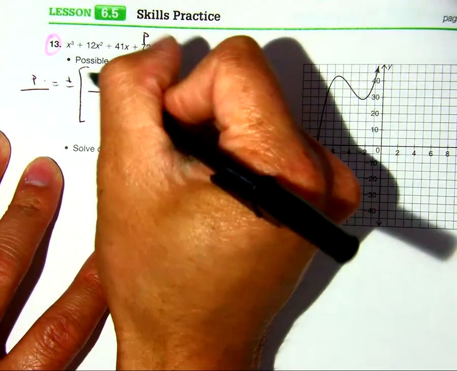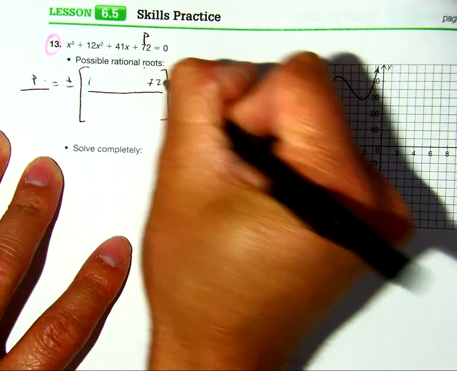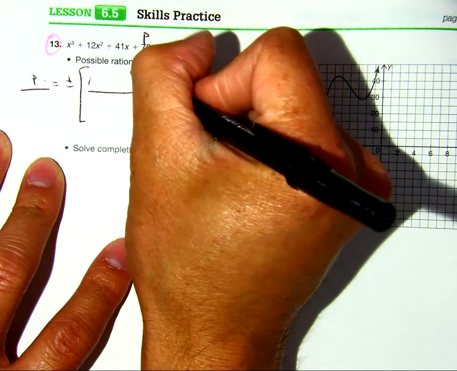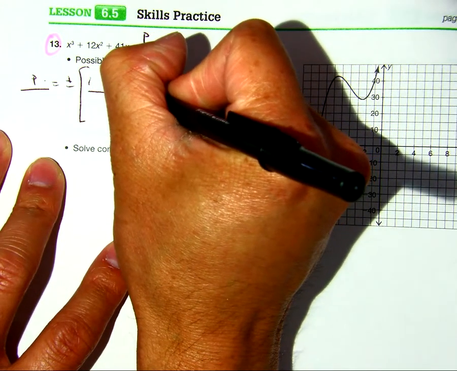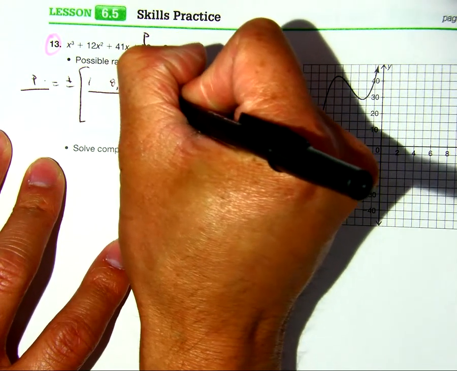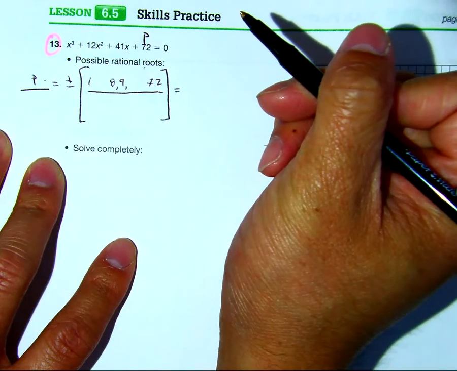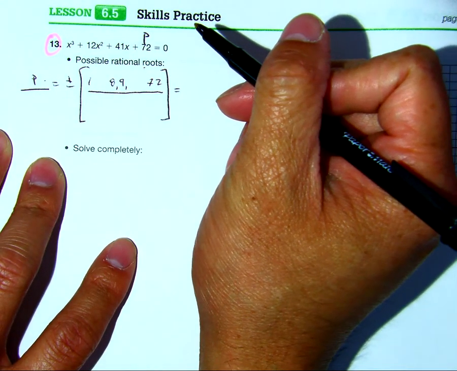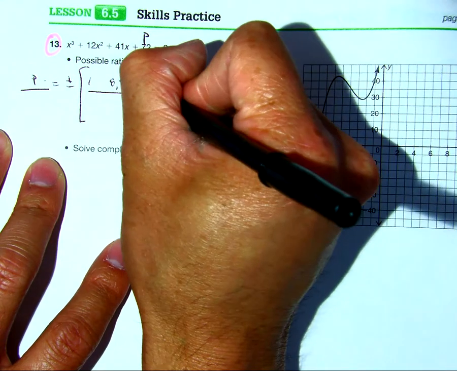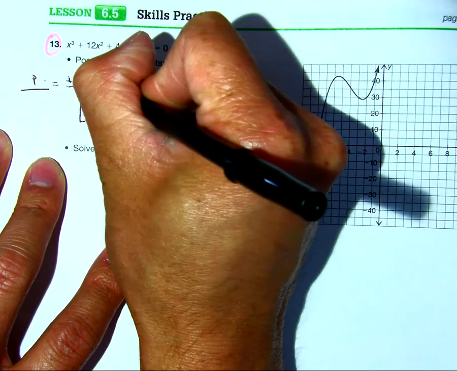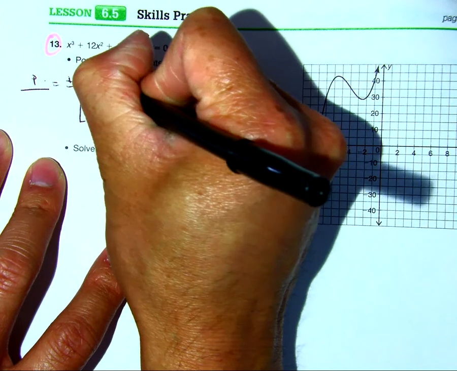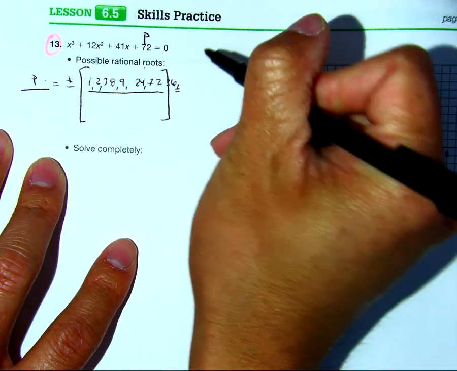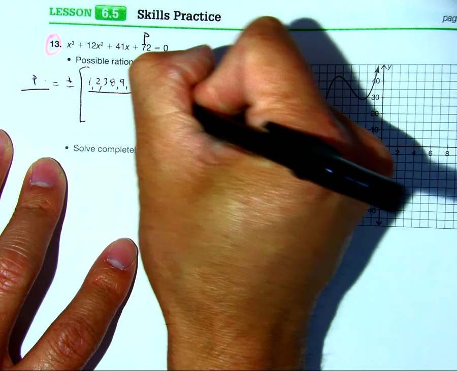For example, 1 times 72. 9 times 8. Class, does anyone know any other numbers? 24 times what? 24 times 3. 2 times 36. 6 times what? 12.